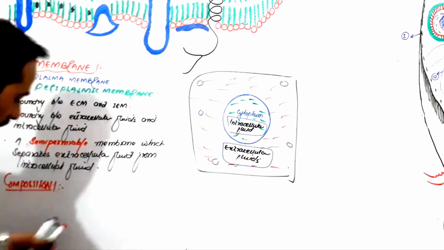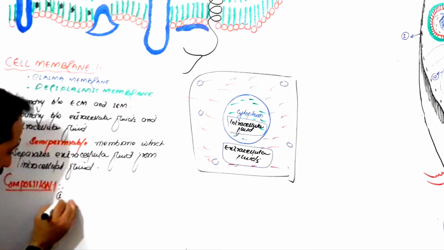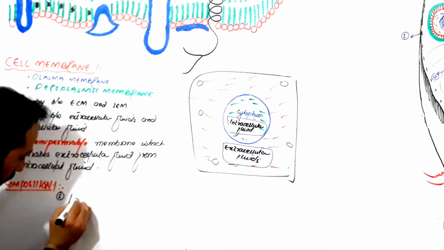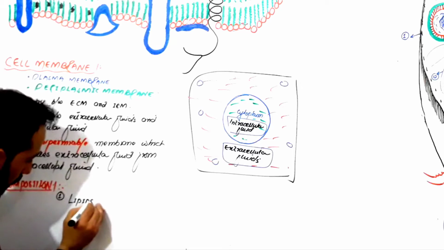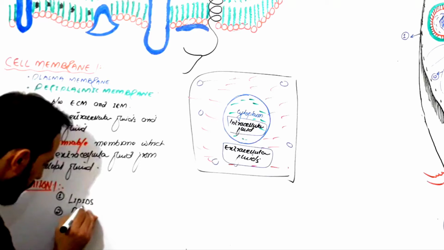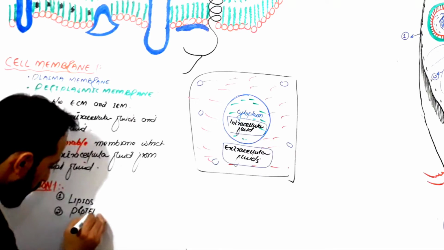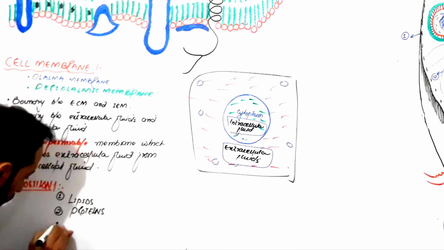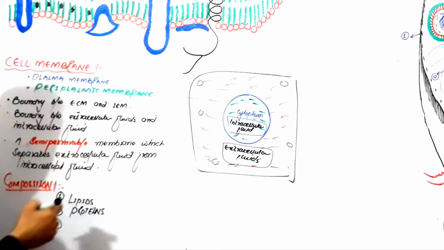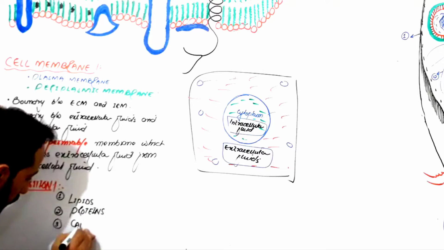So the cell membrane is mainly composed of three important things. The first one is lipids. The second thing is proteins. And the third important factor present inside your cell membrane is carbohydrates.